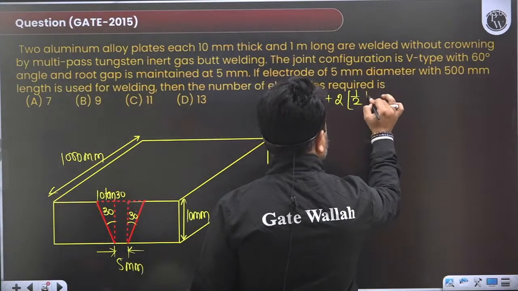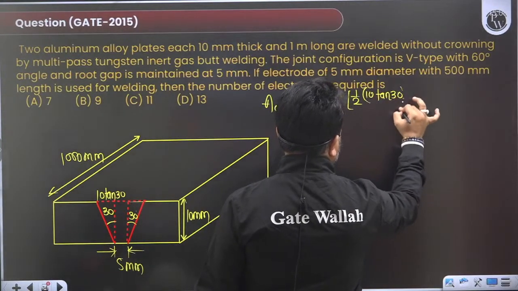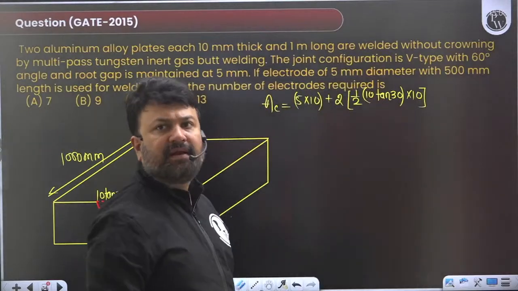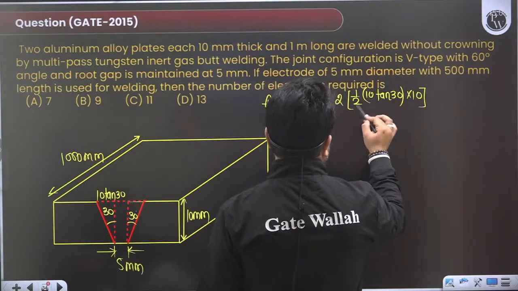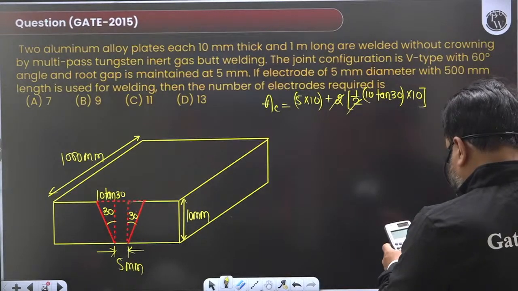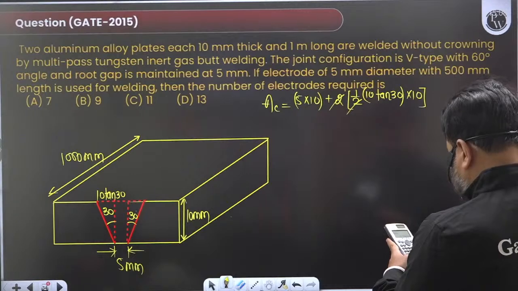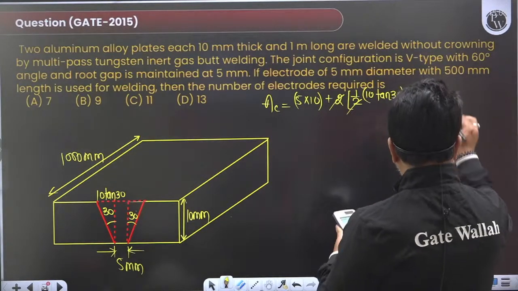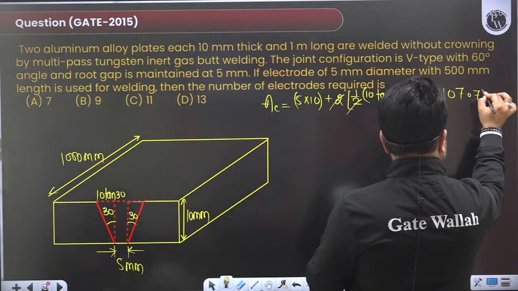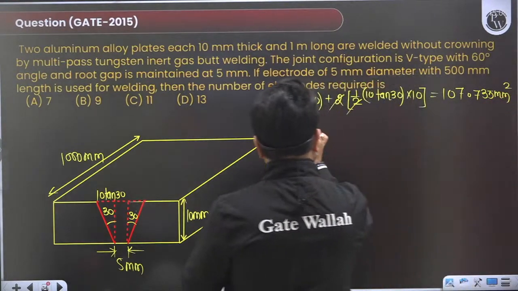So 10 into 10 tan 30, half base into altitude, the 2 cancels. Now 10 square into tan 30, plus 50, is 107.735 mm square.